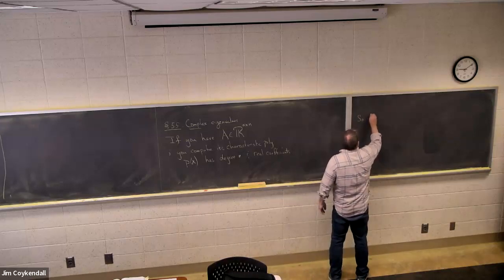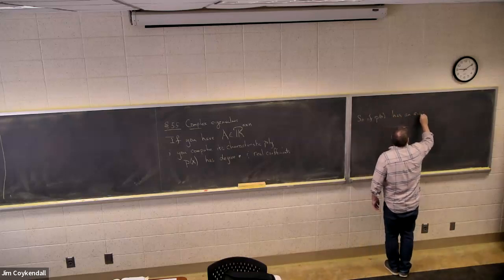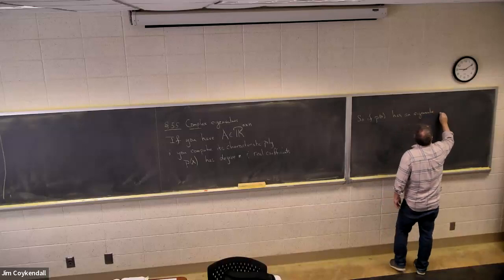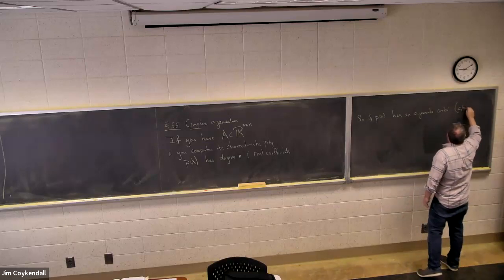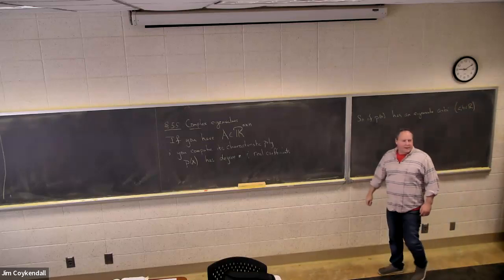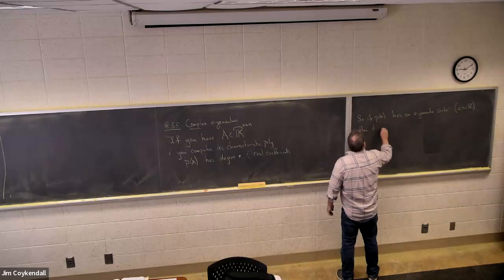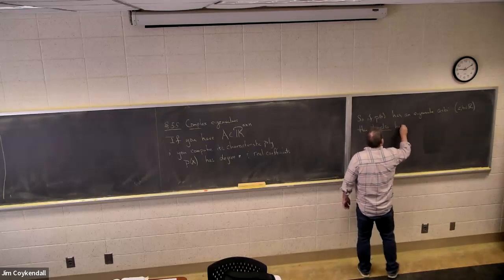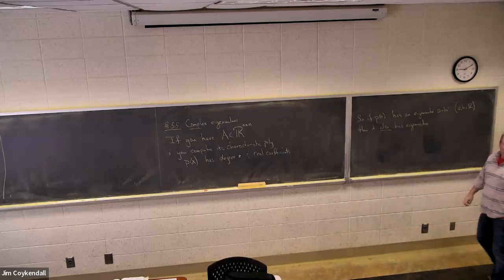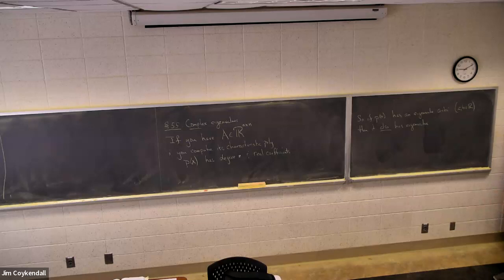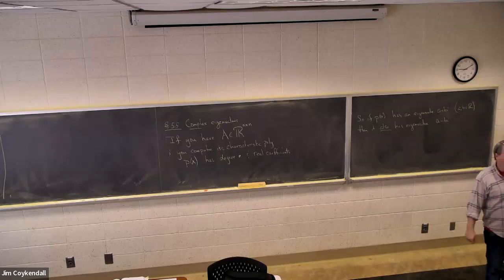So if p of x has an eigenvalue a plus bi, and here a and b are real numbers, then it also must have eigenvalue a minus bi, right, because you have to have roots in complex conjugate pairs.